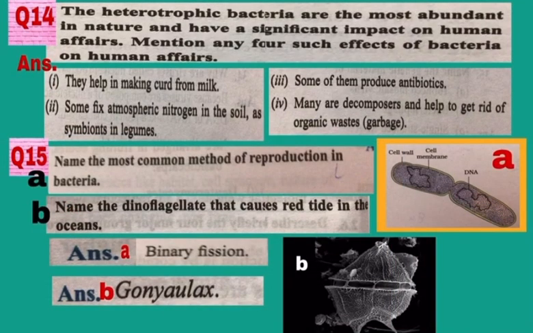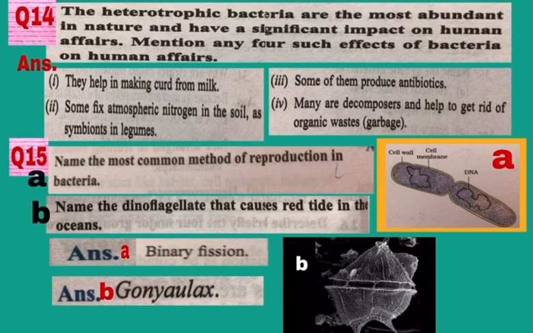Question 14. The heterotrophic bacteria are the most abundant in nature and have significant impact on human affairs. Mention any 4 such effects of bacteria on human affairs. Bacteria are helpful in number 1, making curd from milk, and the name of the bacteria is Lactobacillus, which helps in making curd from milk.